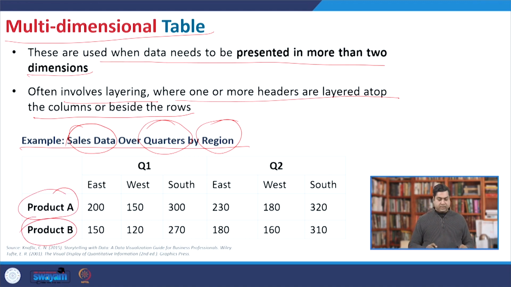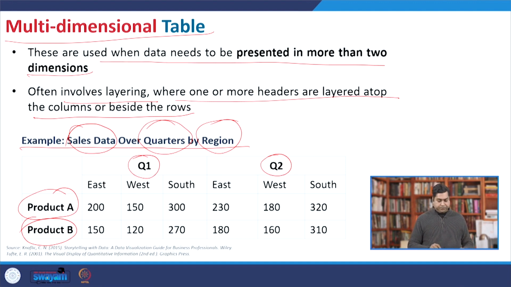Looking at this, what is clear is that for particular sales data, you get how many products were sold in quarter 1, quarter 2, and also the zone. East, west, south are the three broad zones that hypothetically we have captured.